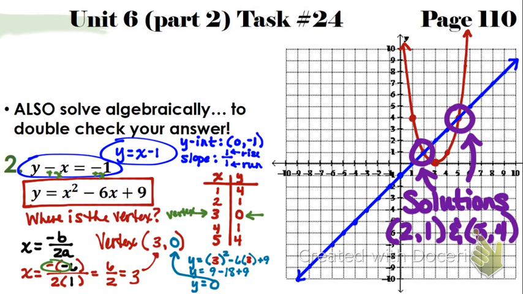What do I want to do if I'm going to solve this algebraically? I want to set them equal to each other. I need them both in y equals form to set them equal to each other. So I'm going to do this slope-intercept form right here. So I'm going to have x minus 1, and that gets set equal to my quadratic right here. x squared minus 6x plus 9.